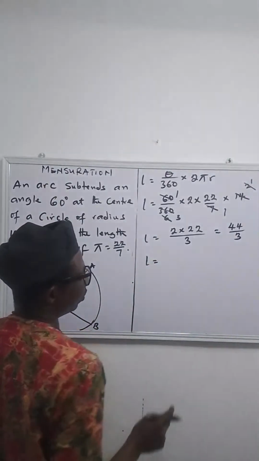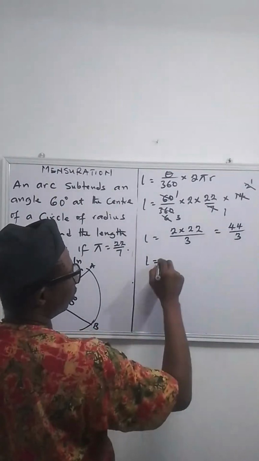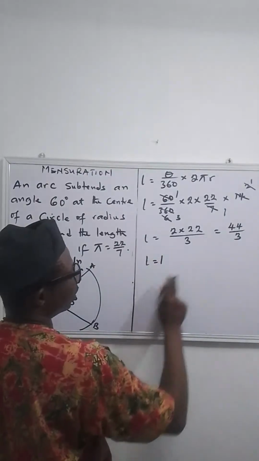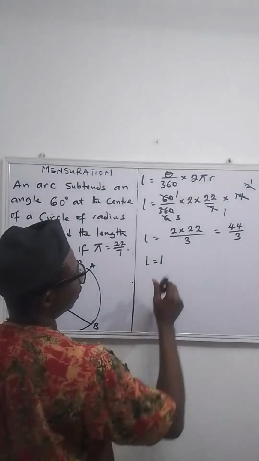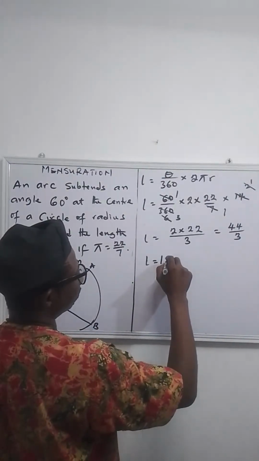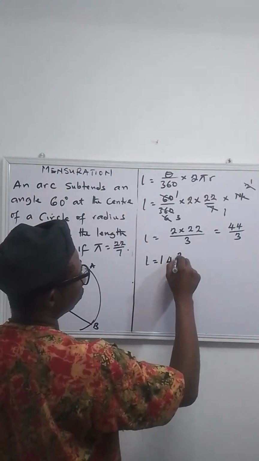So L will be: 3 goes into 4 once, remainder 1. 3 goes into 14 four times, remainder 2.